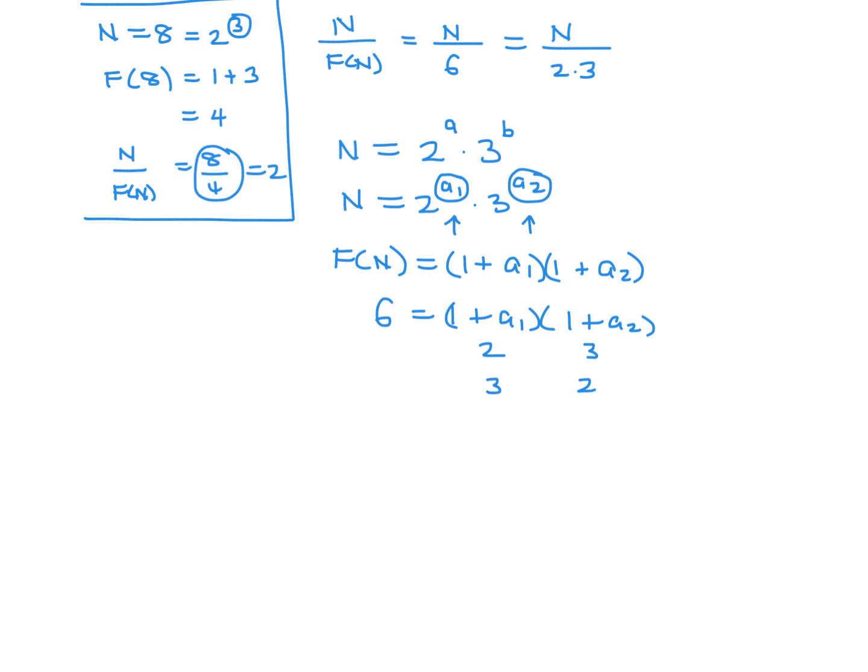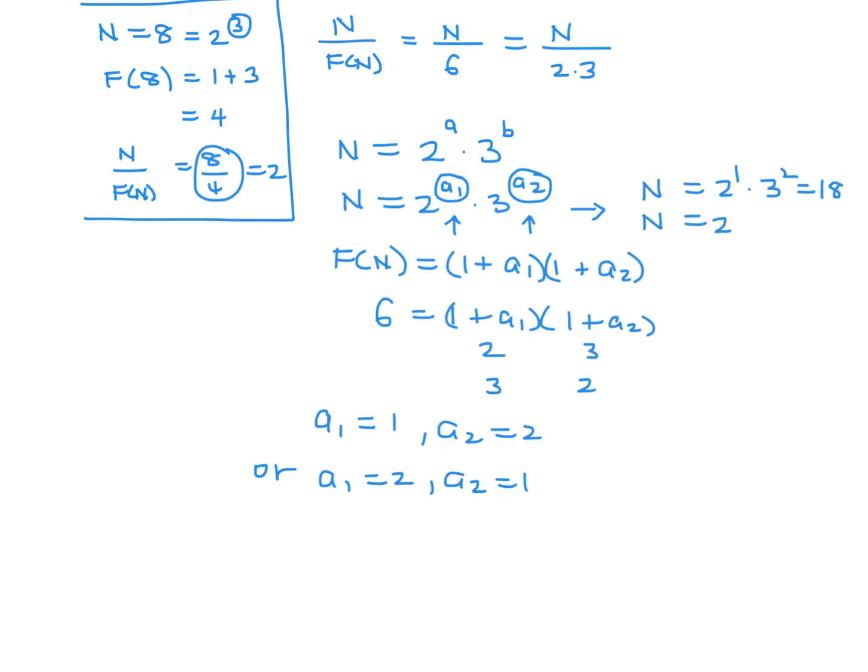That basically means that either a1 is 1 and a2 is 2, or a1 is 2 and a2 is 1. So n is equal to either 2^1 times 3^2, which is 18, or 2^2 times 3^1, which is 12. So 18 and 12 are the two possible values of n.